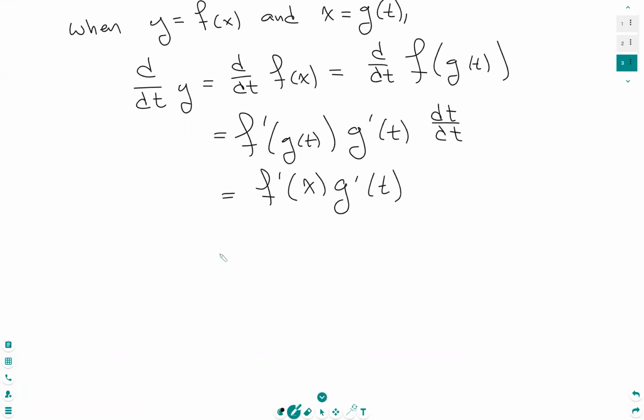Or we can write it as dy dx times dx dt. And that makes sense. If you look at this, this was in fact dy dt. More or less you can think about these total differentials just canceling here. So we have this dx and this dx here, and then we get dy dt.